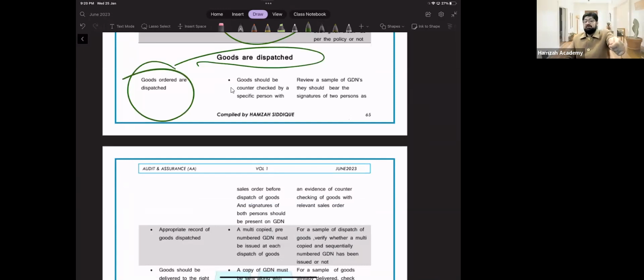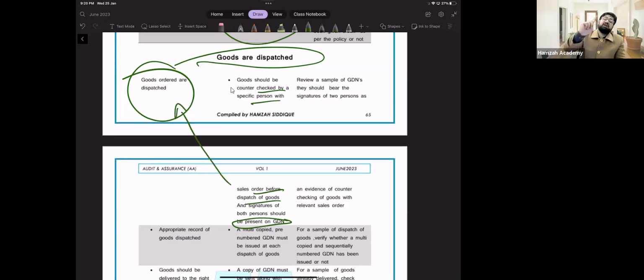If carrots were ordered, onions should not be dispatched. The same quantity should be dispatched. So one person will be packing goods with the sale order copy. The other will be counter checking it, that the correct goods have been matched. And both should sign the GDN. So this objective will be achieved by it.